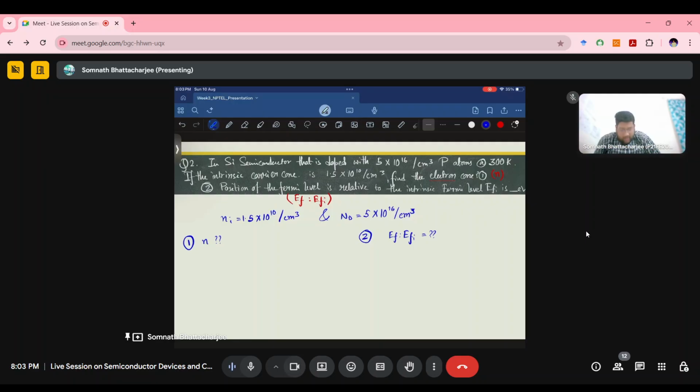Maybe I'll explain this. Here we can clearly see that Nd is much greater than the Ni value, and also at 300 Kelvin. So based on this we can consider full ionization.